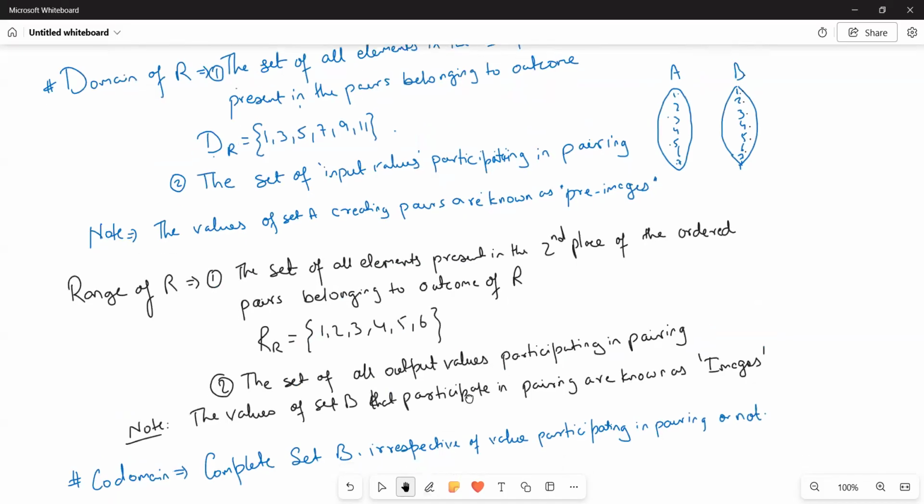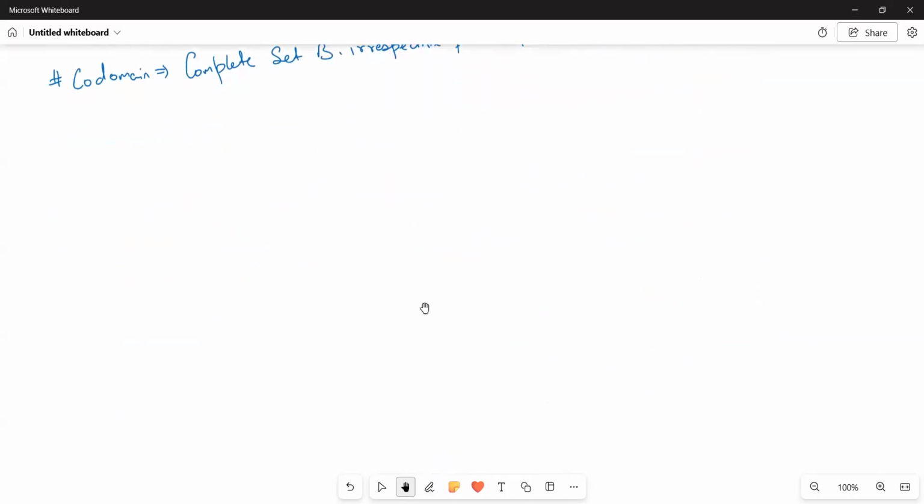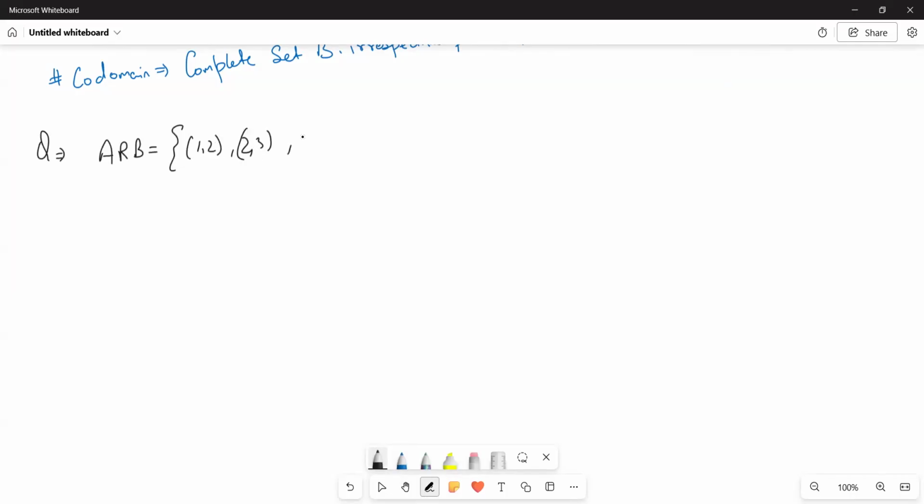So let's try to solve a few examples in order to have a better understanding of this. Suppose a question is: a relation ARB contains the pairs (1, 2), (2, 3), (4, 5), and (6, 8).